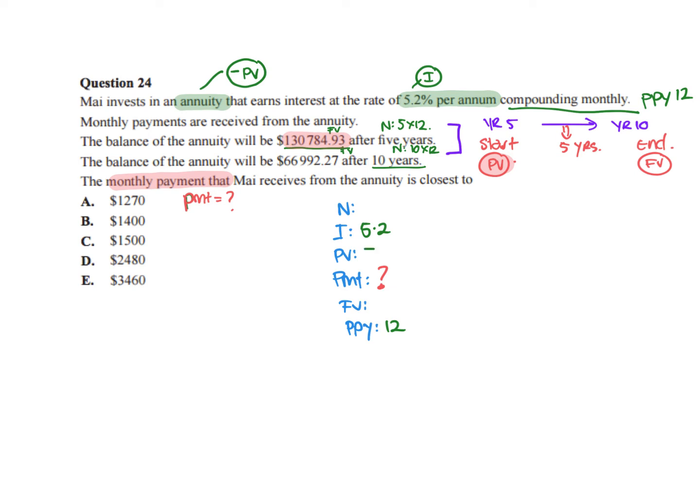So I put that amount in, which would be a negative. Okay, and then I'm going to say, well, it's going to be 5 years on, so 5 times 12 monthly payments. I'm going to say I end up with a value of 6992.27. And it's going to be positive because it's an investment, and the bank has to give it back to me.